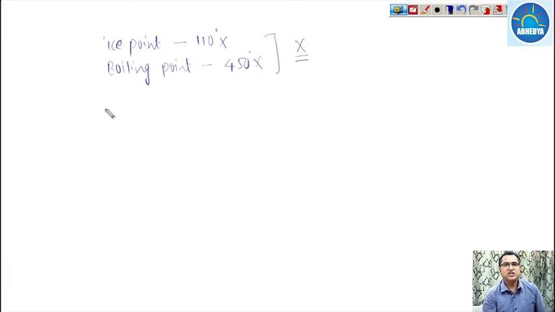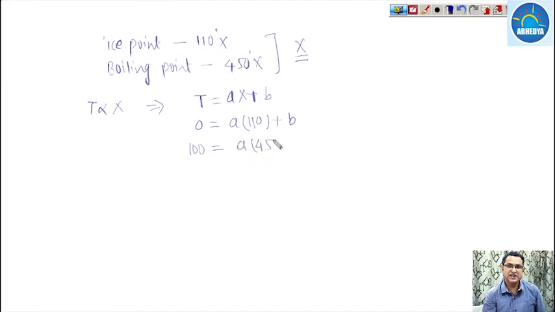Now since we know that temperature is directly proportional to any thermodynamic property, we have already discussed this thing, so temperature will be equal to A times x plus B. So at ice point, 0 is equal to A times the value of x, 110, plus B. At steam point, what is the value of T? That is 100 degrees Celsius. This becomes A, x is 450, plus B.